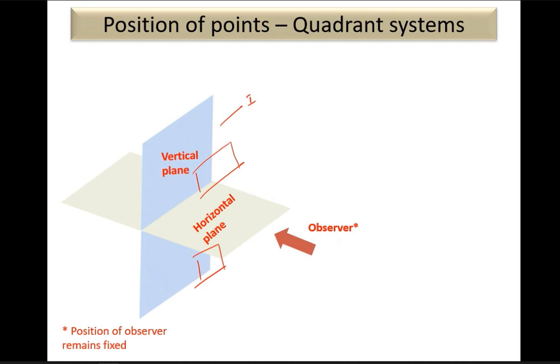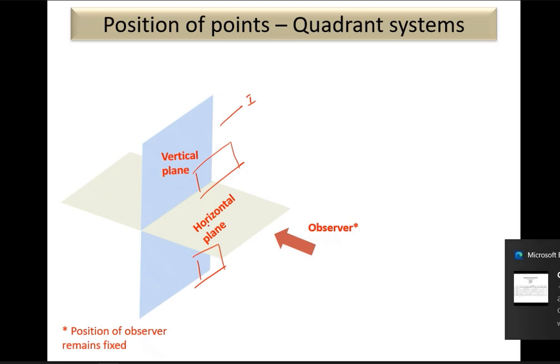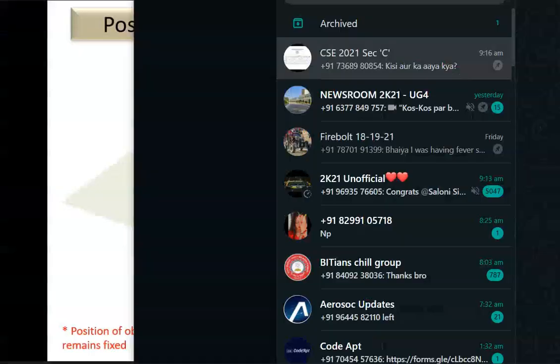So to define any quadrant, we require these 2 conditions. The first condition is that the object should be in between the observer and the vertical plane, or we can say it is in front of VP and above HP. How do you define an object in the 4th quadrant? Can you explain it?